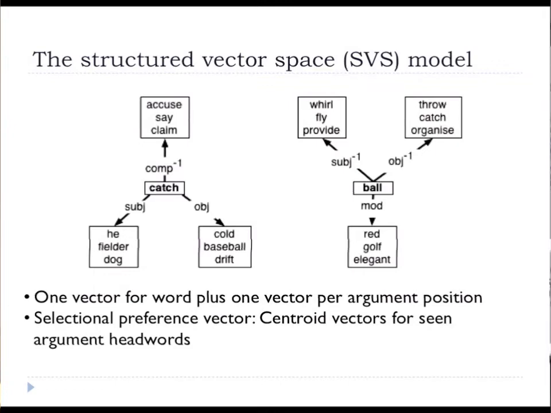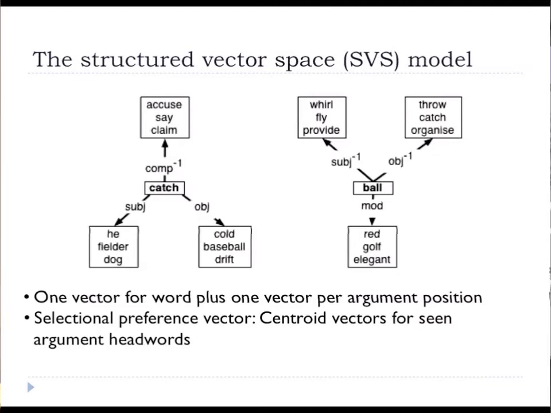And the other way around for the word ball, we could have one vector describing typical modifiers of ball, one vector for predicates that take ball as a subject, one vector for predicates that take ball as an object, so throw a ball, catch a ball, organize a ball. And as you can see, in these vectors, we still have the mixture of senses. So throw and catch you do with a sphere, organize you do with a social event.